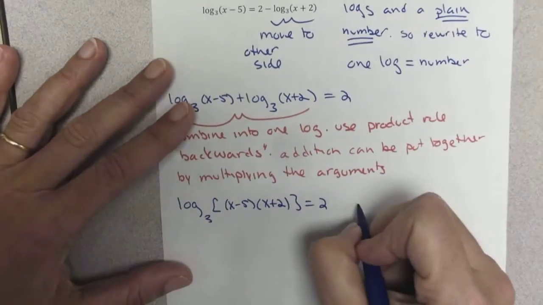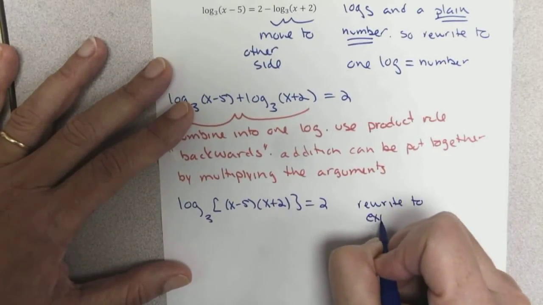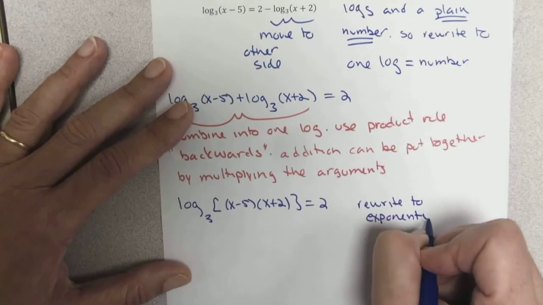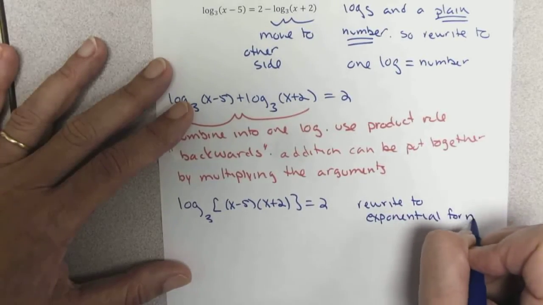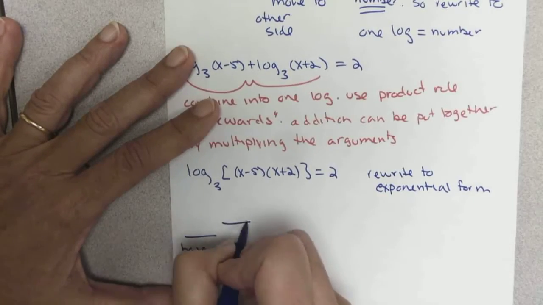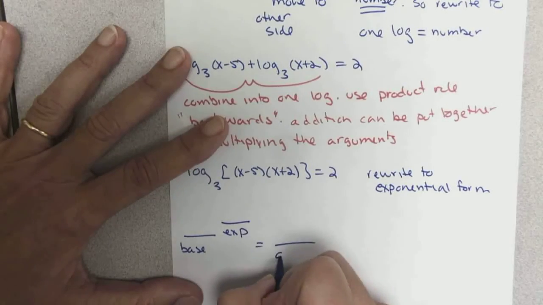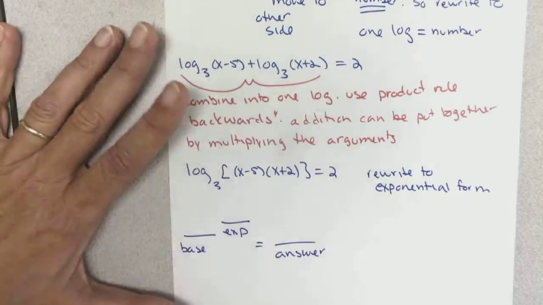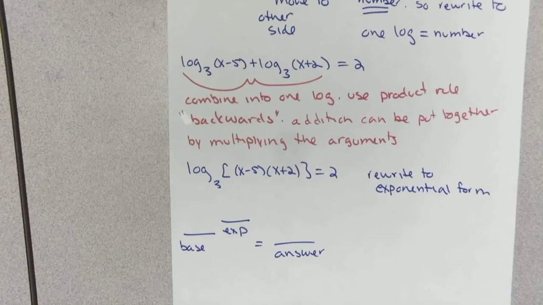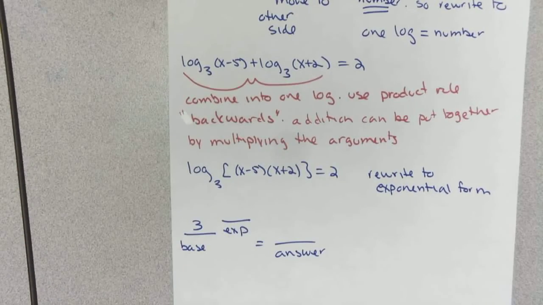Then my next step is to rewrite to exponential form. And that was that fill in the blank thing: base, exponent, exp stands for exponent, to some sort of answer. Bases remain bases, so my base is 3.